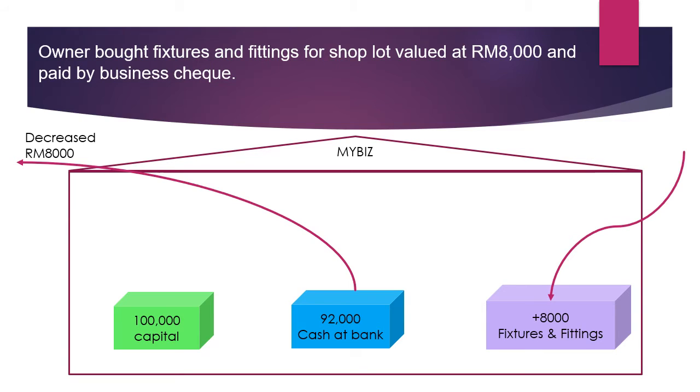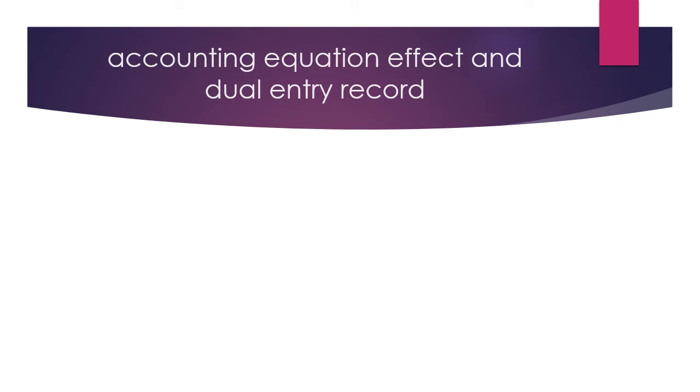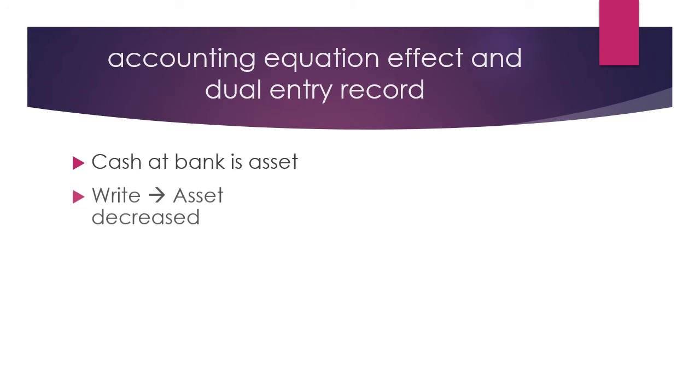So in explaining the accounting equation effect and dual entry record to be written here, cash at bank is classified as an asset. So you will write asset decrease because you need to take out that 8,000 ringgit to pay for the fixtures and fittings.